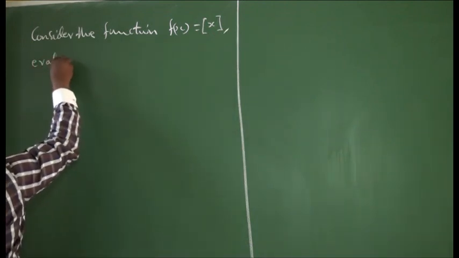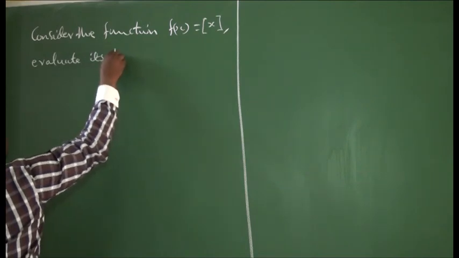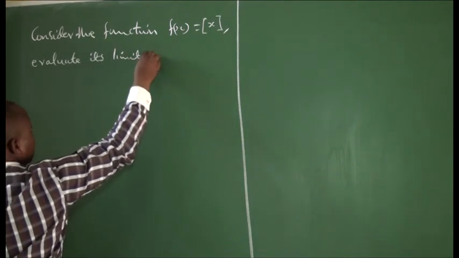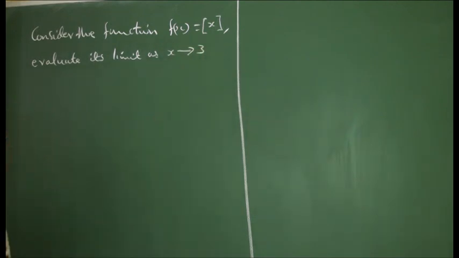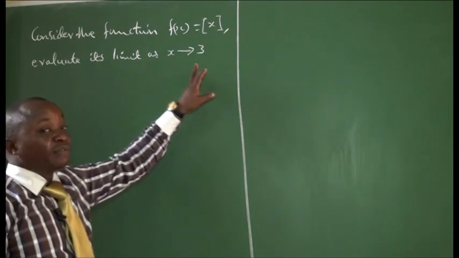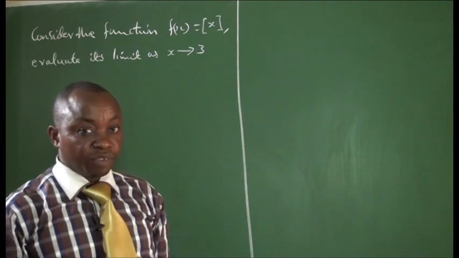Evaluate its limit as x approaches 3. This sort of function is called the greatest integer function.